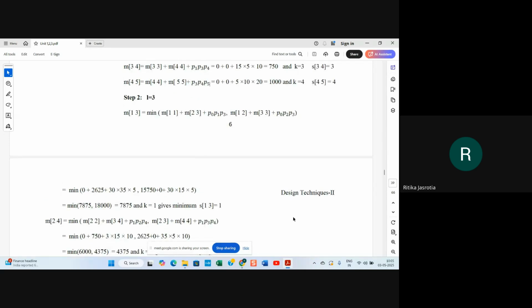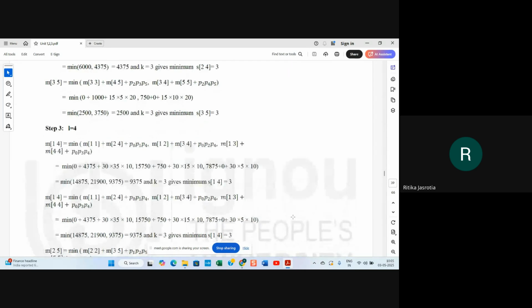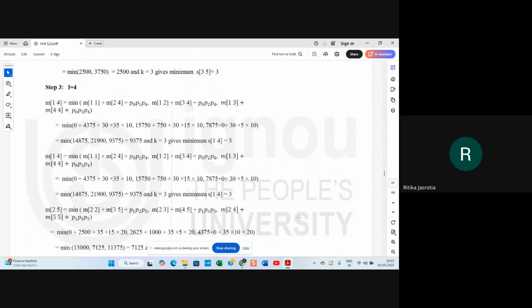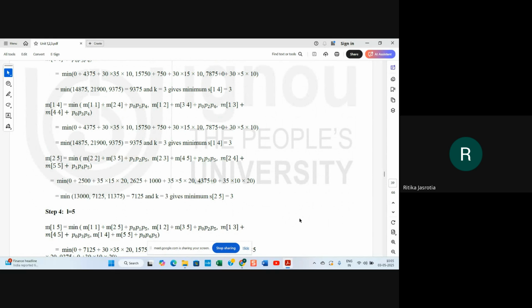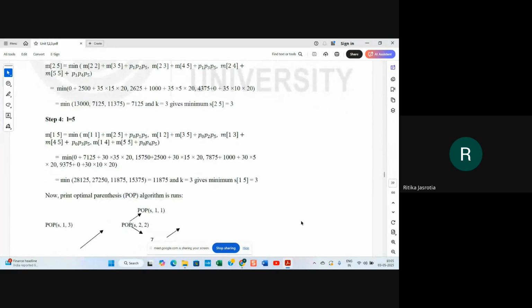Then they have found out 1 3, 2 4, 3 5. Then 1 4 and 2 5. This is a little longer.